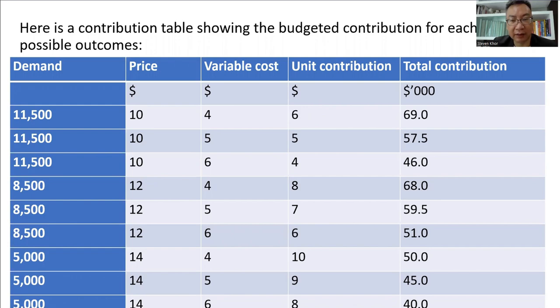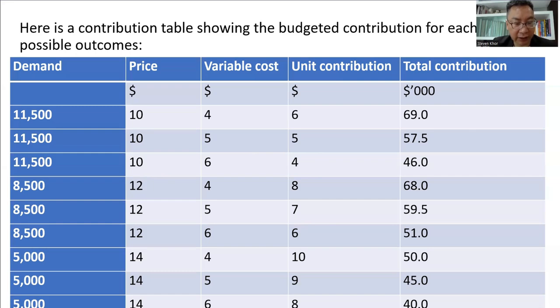Then multiply by the unit demand, 6 multiplied by 11,500, and you get the total contribution. Same thing for the price of $10 against the different units of demand and different variable costs. Then you set the price of 12 for different variable costs, and 14.